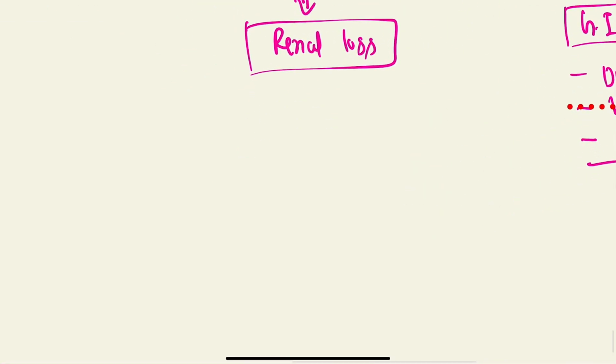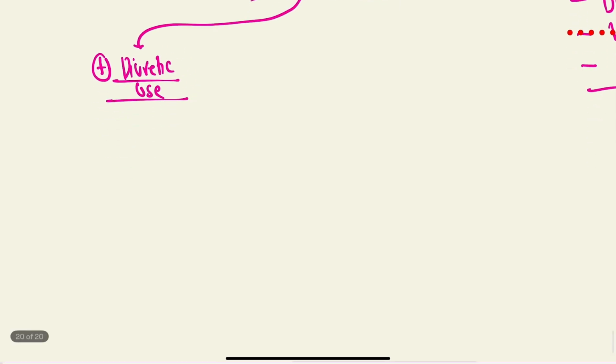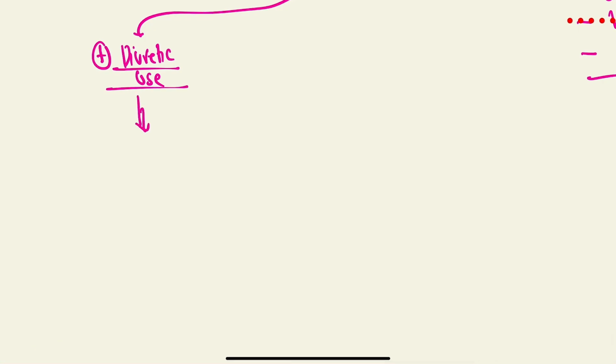In renal loss, we further inquire about diuretic use. If there is diuretic use in the patient, then it is more likely due to diuretics, and we stop the diuretics and treat accordingly.